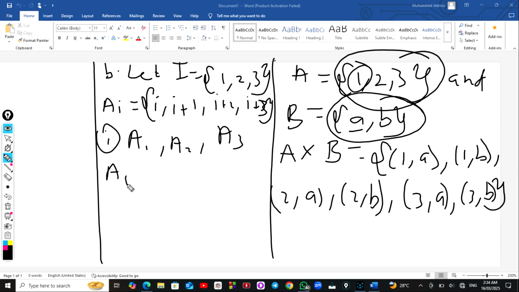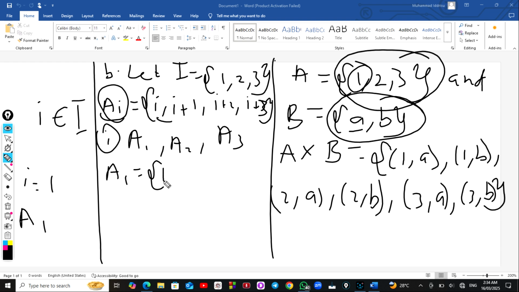So A1 will be equal to, so currently our i is 1. In place of the i we are putting 1, because I is 1, 2, 3, and this small i is a member of the big I. It means that wherever we see i, we are putting 1.